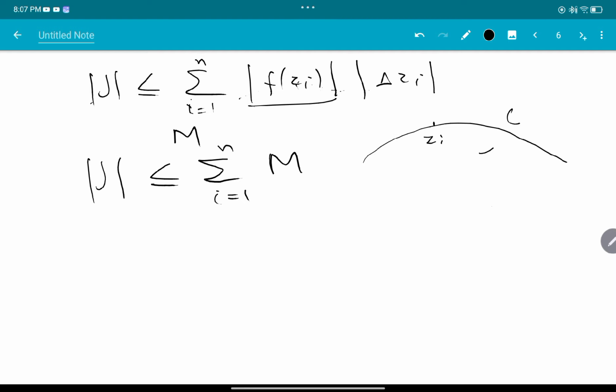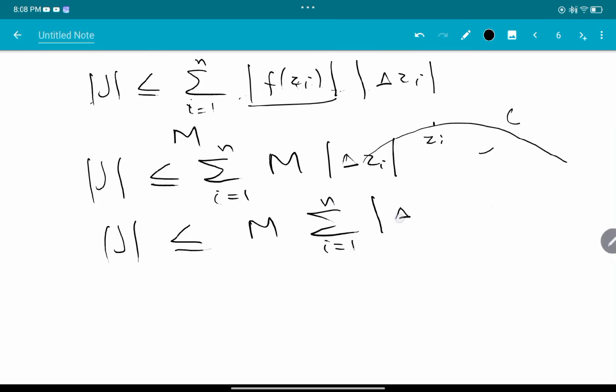I do one thing now. For a moment, keep it there. Delta zi. Now I can write this m outside because it is a pure number. It doesn't have any index. J is less than or equal to m, and then the sum for i equal to 1 to n of delta zi.